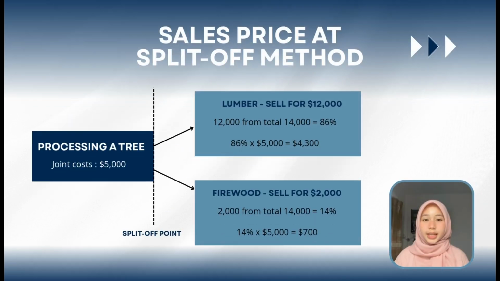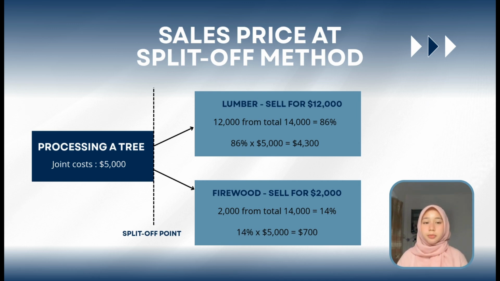Let's move on to the second method, the sales price at split-off method. Okay, this method is widely considered the fairest and most popular because it allocates joint costs based on the relative market value of the products right at the moment they separate.